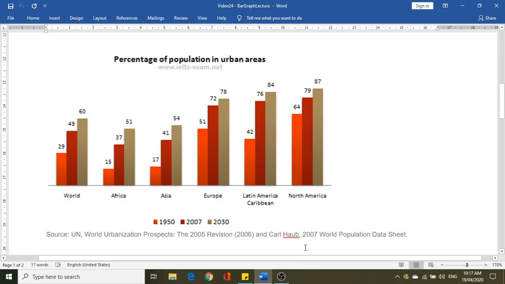And the second overview is that urban populations are most evident in three regions of the world: Europe, Latin America, and North America, and less evident in Africa and Asia. So we can somehow see that these regions are more agricultural to a certain extent.